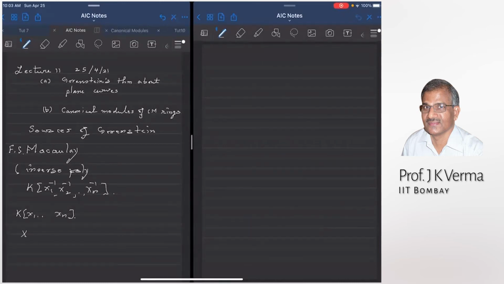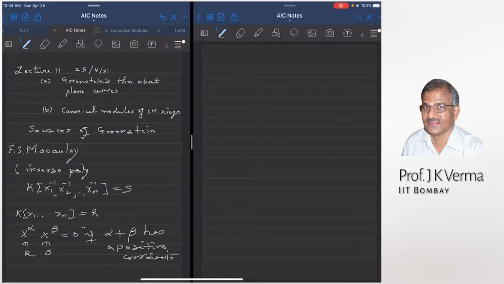Suppose this is my S and this is R. Take x^beta in S and x^alpha in R. Then the product is 0 if alpha plus beta has a positive coordinate. Otherwise, it is equal to x^(alpha plus beta).